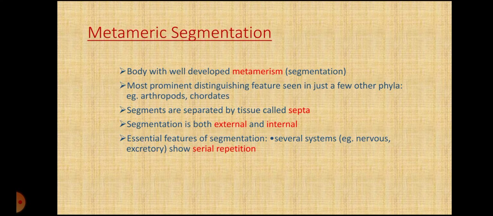There is serial repetition of certain organs like ganglia, nerves, paired blood vessels, nephridia, gonads, etc. These features have evolved as an adaptation for peristaltic burrowing in soft substrata.